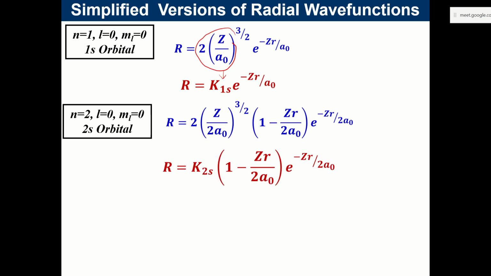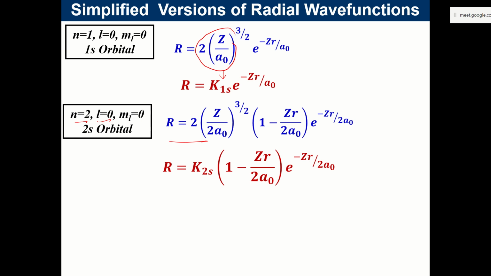We had also discussed that if n is equal to 2, l is 0, it gives you an equation something like this. So the knowledge of two quantum numbers, n and l, is necessary to describe the radial wave function for a particular orbital.